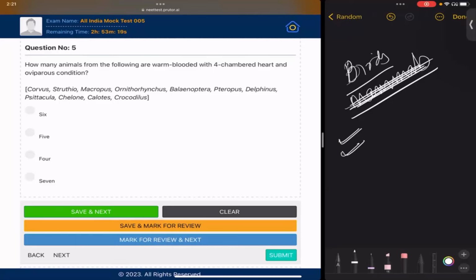Crocodilus actually has a 4-chambered heart, but it is not warm-blooded and not oviparous.